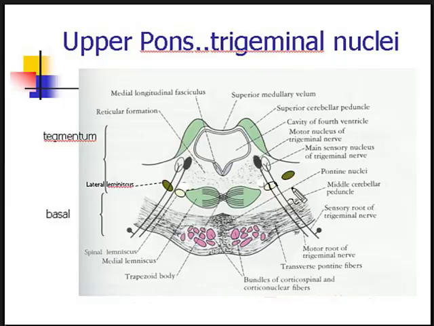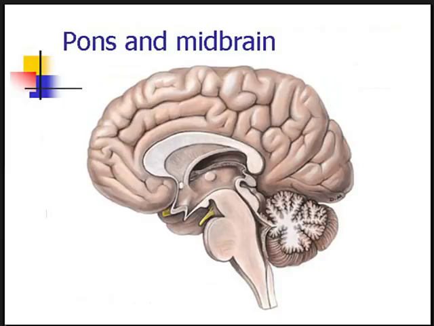Let's now move to the midbrain. So we are going to go to the midbrain, and in the midbrain, again, just so that you remember, I told you we took two sections. We took a section which went from the lower part of the midbrain, and that section cut across the inferior colliculus, and then we will take another section which goes across the superior colliculus.